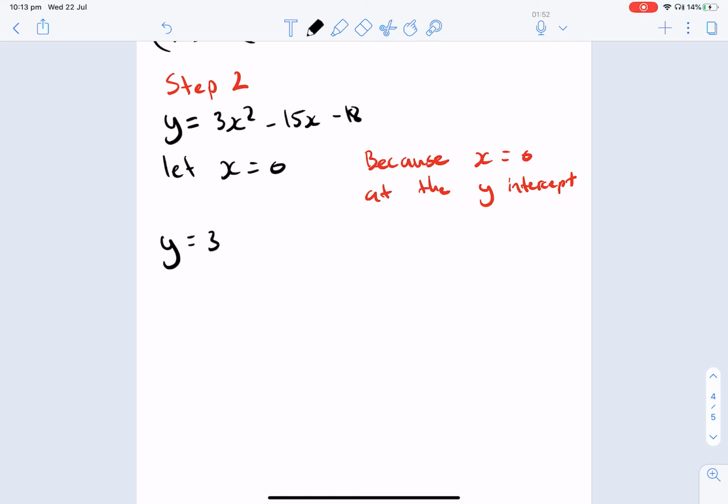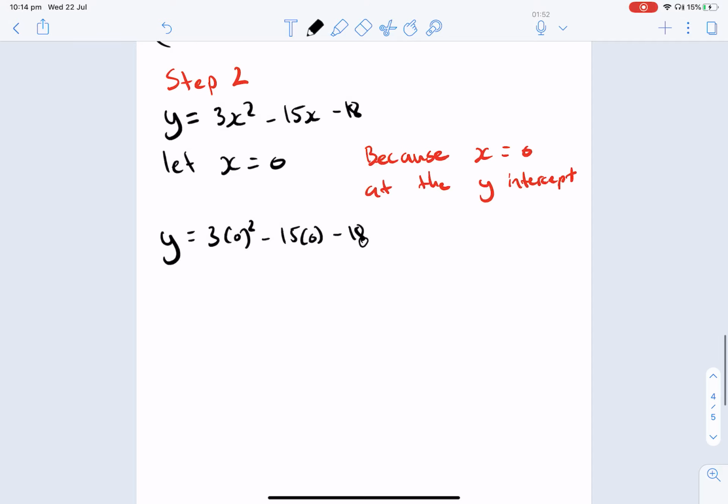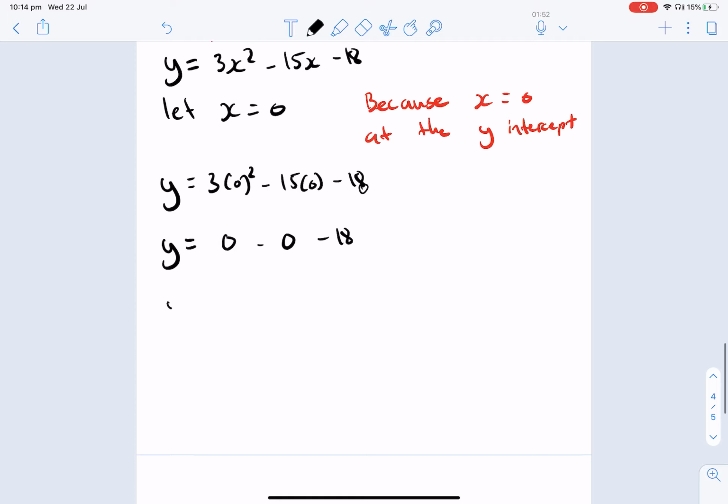So y equals 3 lots of 0 squared minus 15 lots of 0 minus 18. And that means that y equals 0 minus 0 minus 18. And that means y equals negative 18. Once again, we're talking in terms of x and y coordinates.